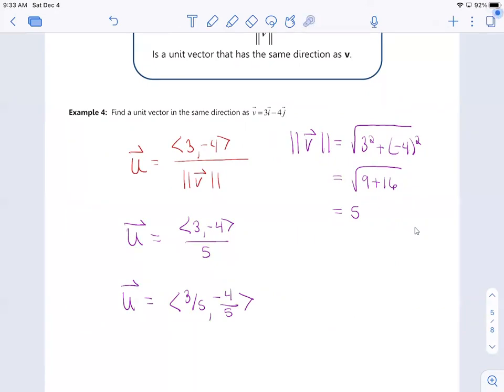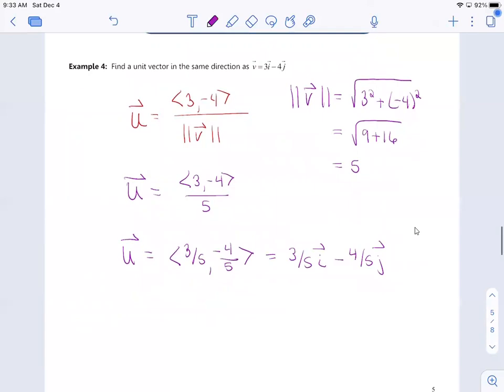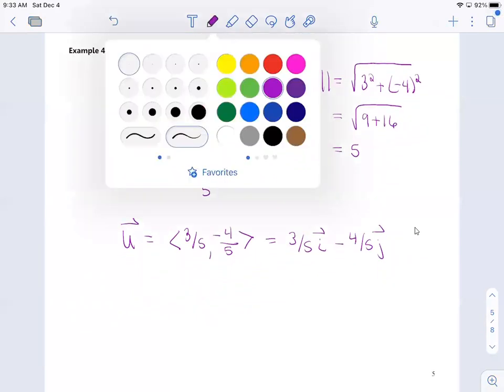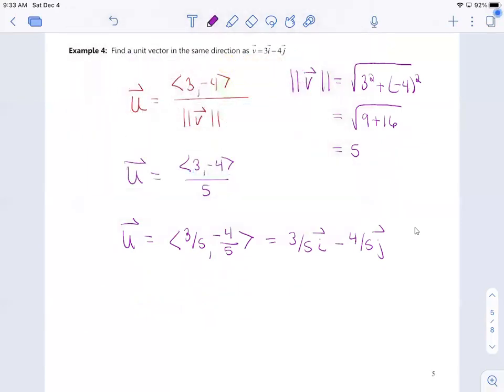Since, again, with mathematics, however the problem is given to you, that's how you should give the answer. So I should go one step further and just say this is 3/5 i minus 4/5 j. So what you found, and again, this will be useful in another course, is, let me give myself another color.